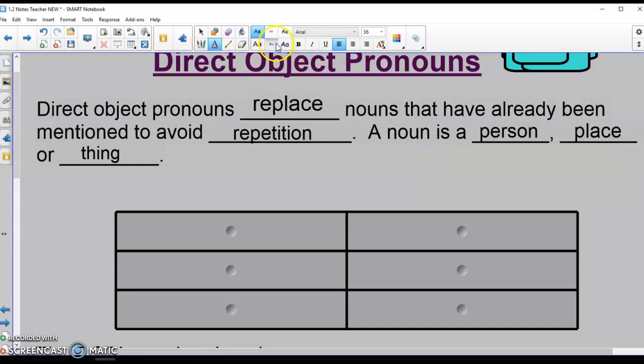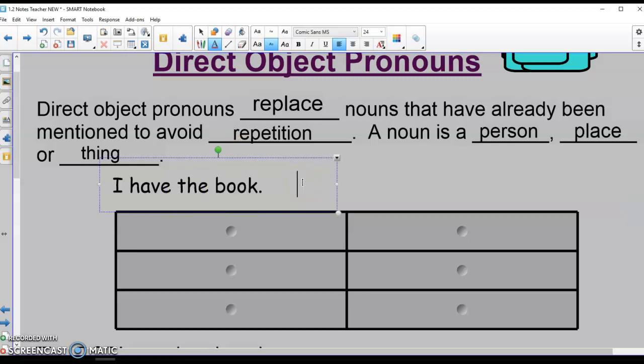So, for example, in English, I might say the sentence, I have the book, or I read the book, or I love the book. Now, in a conversation, if I said, I have the book, have you read the book? I might not keep saying the book, the book, the book over and over again.